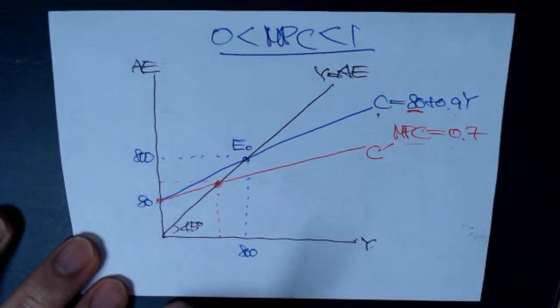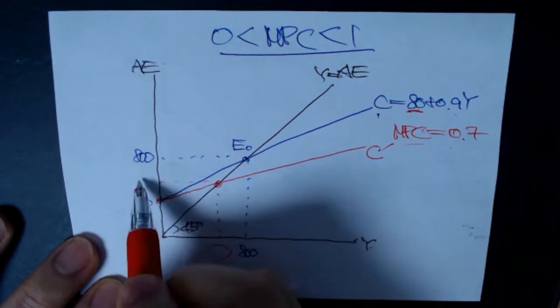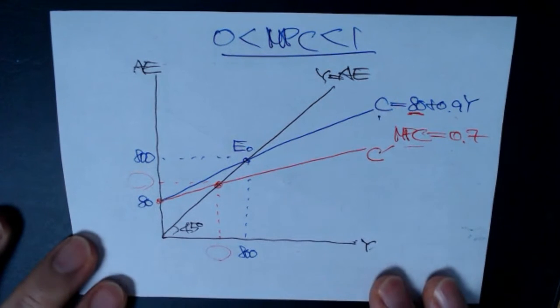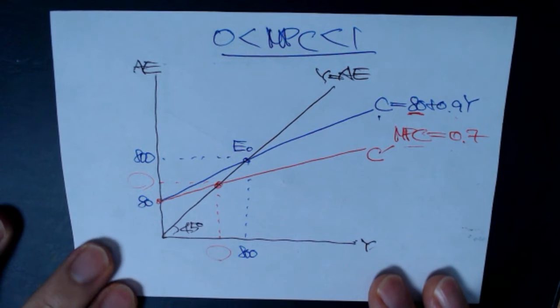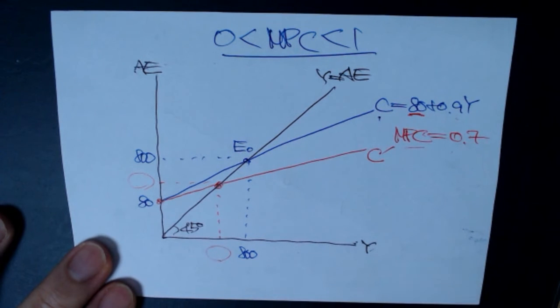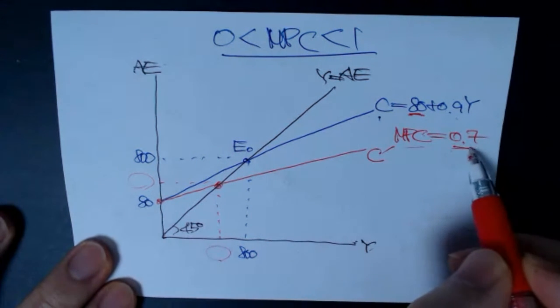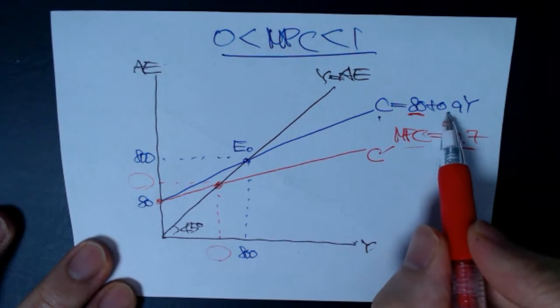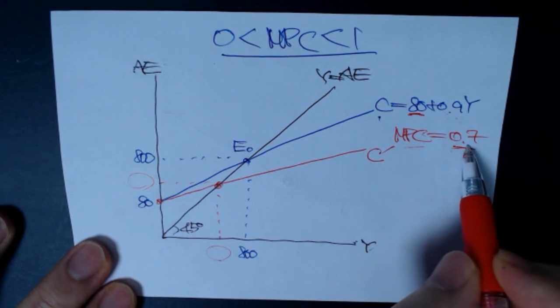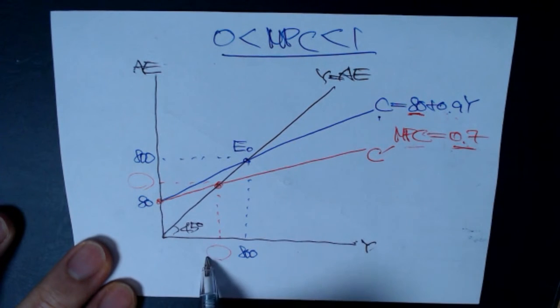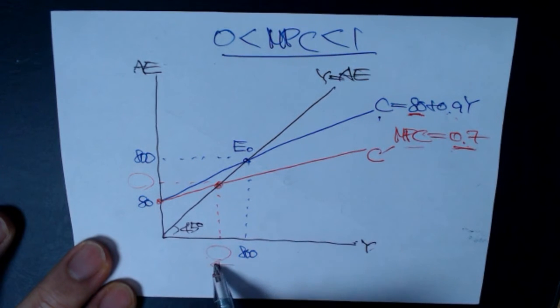You can calculate easily how much the equilibrium output should be. The calculation, yeah, you can, but you can think about the meaning of that. Why, when the marginal propensity decreases from 0.9 to 0.7, does equilibrium output decrease? Why?